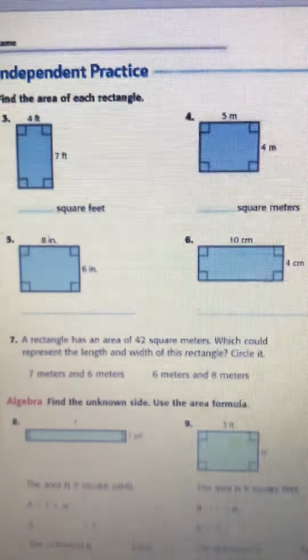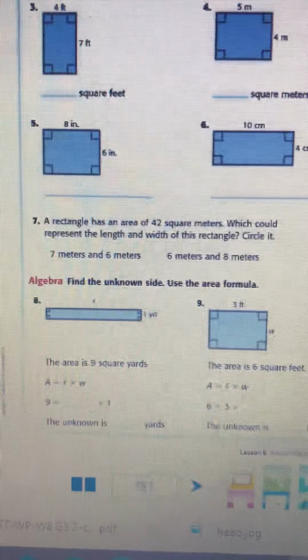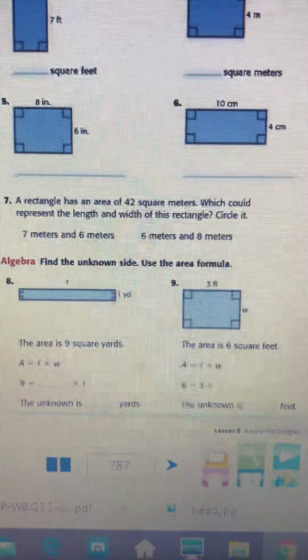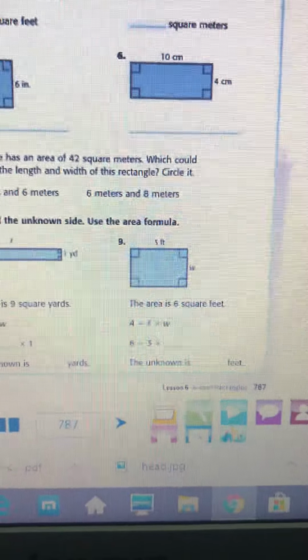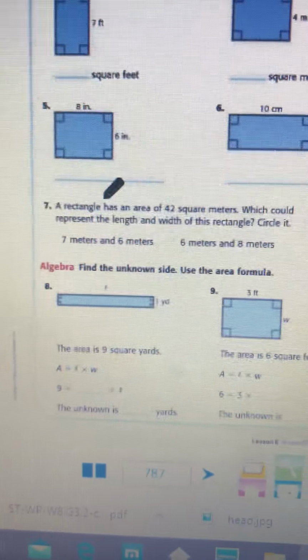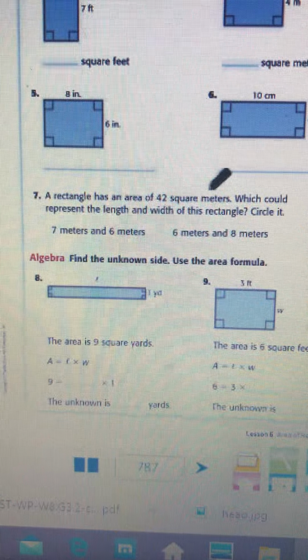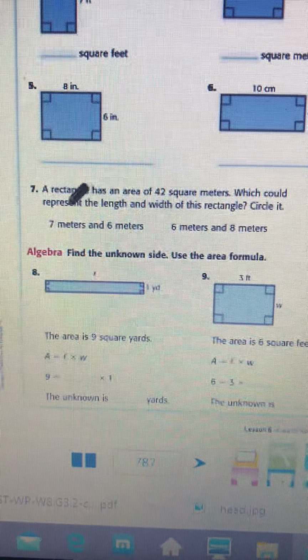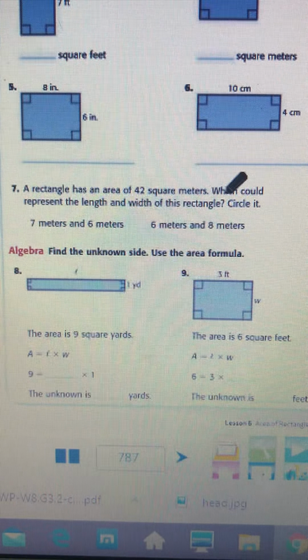Okay, so I want you to answer this question and send it to me through WhatsApp. But I will help you with number 7 because others might struggle a bit with the question. A rectangle has an area of 42 square meters, which could represent the length and the width of this rectangle.